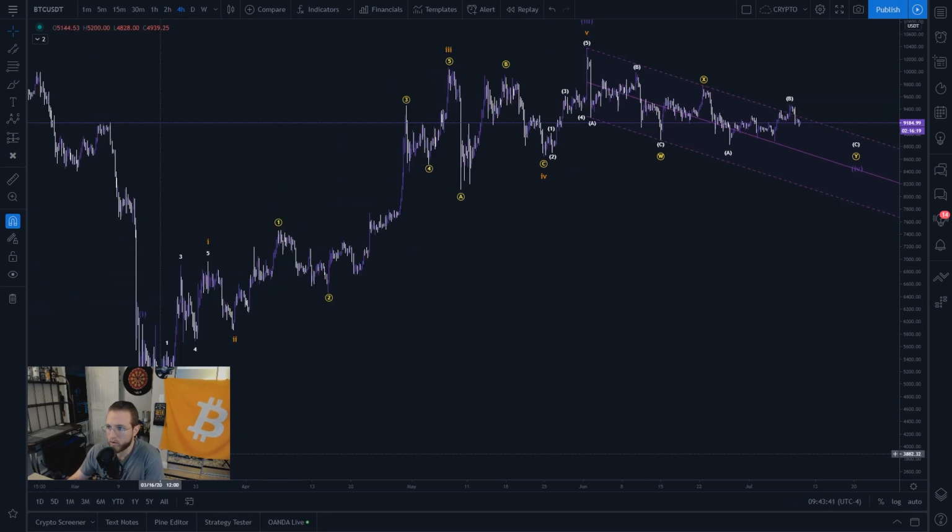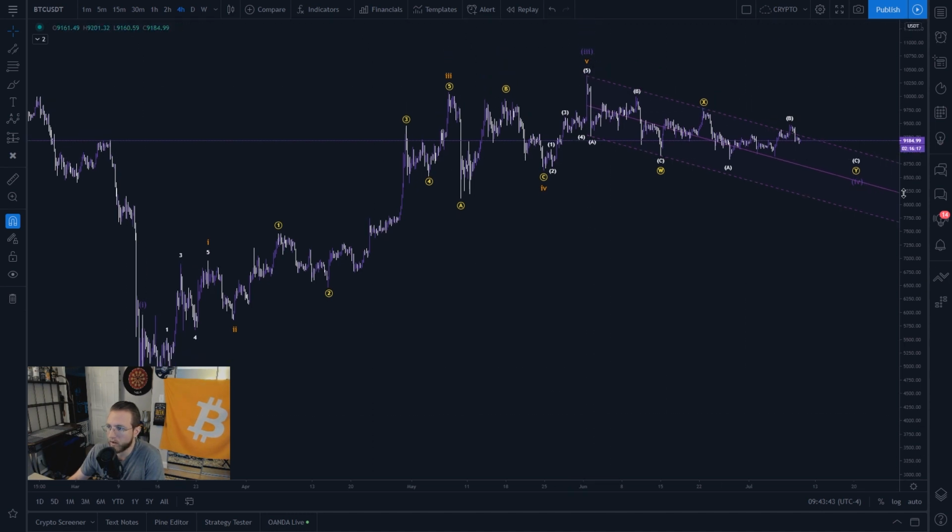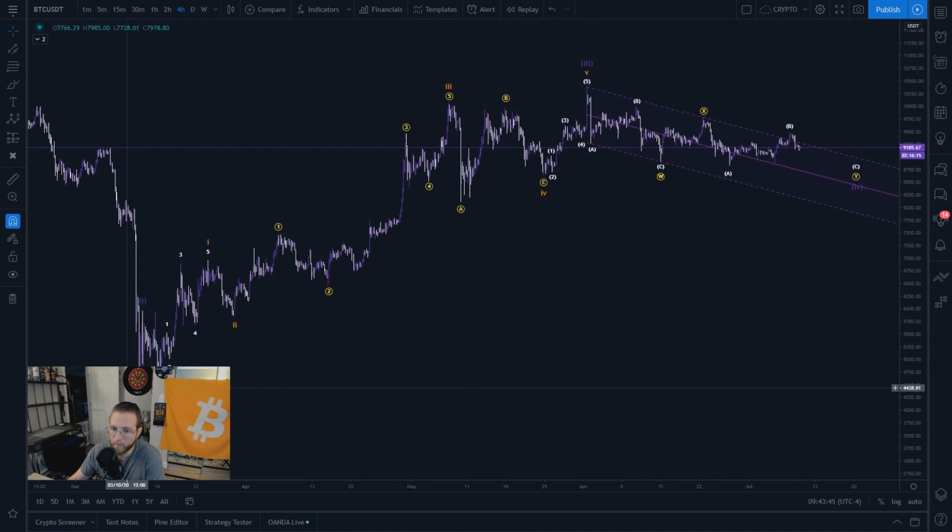So I've got this as a 1, 2, and this is a major extended 3 all the way up here. And then we've got this very, very small, minuscule 5-wave count into a 1, zigzag to a 2, 5 into another very minuscule count here into a 1. I don't have that count shown.